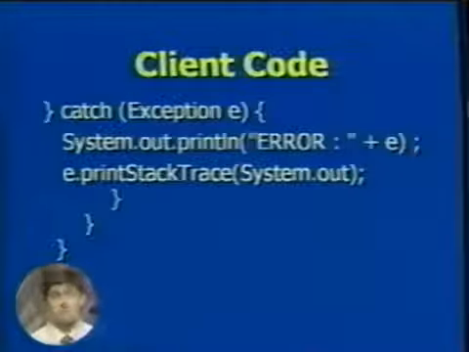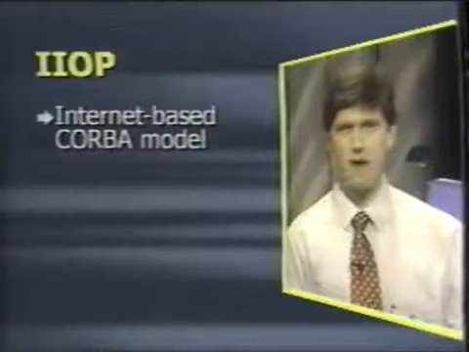And that's essentially it. Now I want to move on and talk briefly about the Internet Inter-Orb Protocol, or IIOP. Essentially, the Internet Inter-Orb Protocol is this whole model of CORBA going across Internet clients. So we have an Internet-based CORBA model.